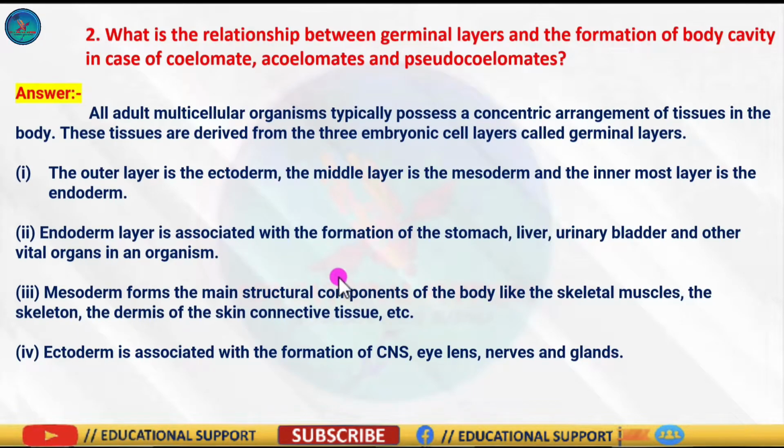So, the mesoderm lines the body cavity and thus a true body cavity is present. For example, annelids. In acoelomates, there are 3 germinal layers, ectoderm, mesoderm and endoderm, hence referred to as triploblastic. So, body cavity is not present in acoelomates, for example, Platyhelminthes.